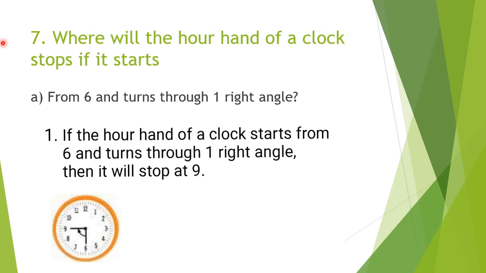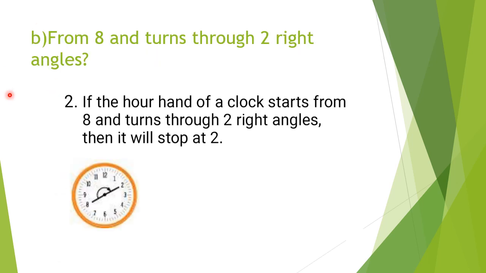Question 7. Where will the hour hand of a clock stop if it starts from 6 and turns through one right angle? If the hour hand of a clock starts from 6 and turns through one right angle, it will stop at 9. Question B. From 8 and turns through two right angles.